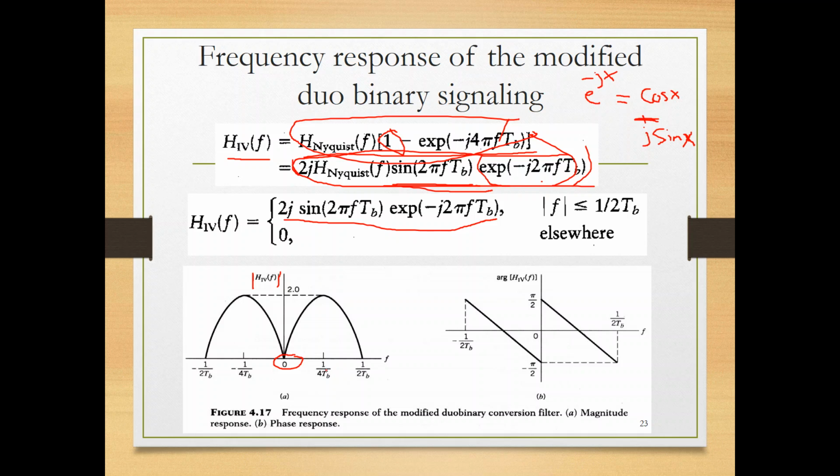I prove that the maximum is happening at 1 over 4 TB. You just substitute here and find that it's really the maximum too. You cannot get more than this. So the most important thing is that you got 0 at the center, at the origin.